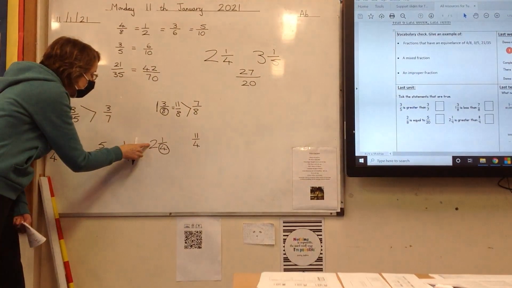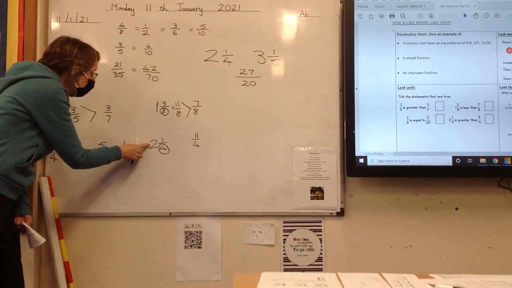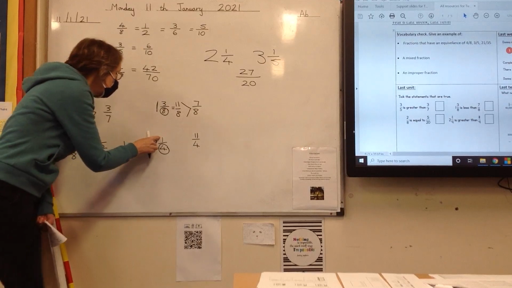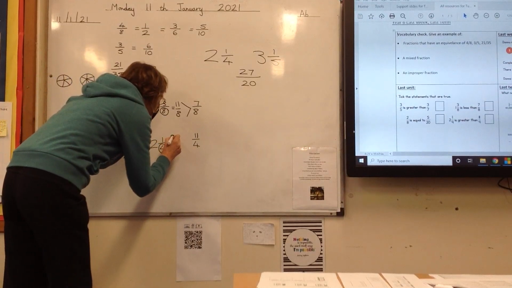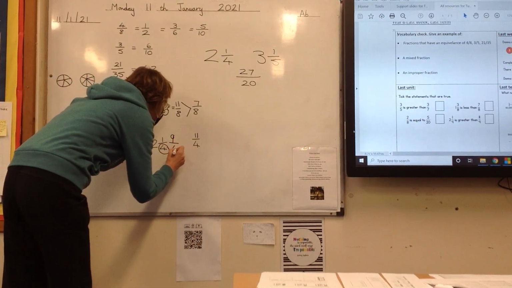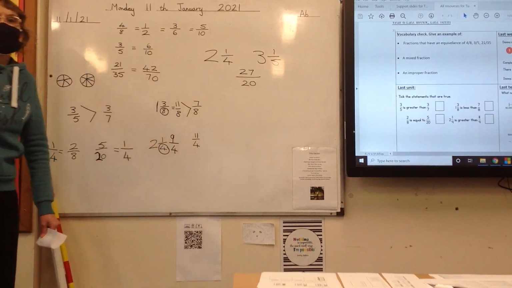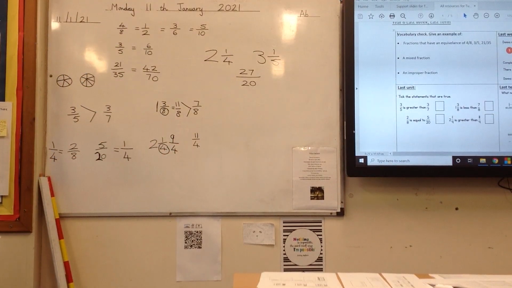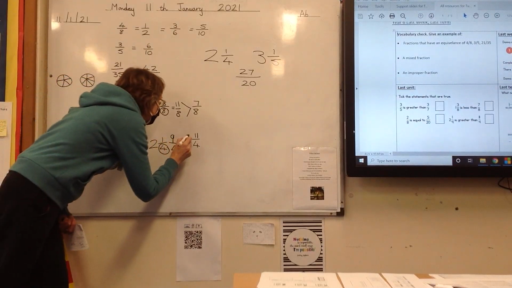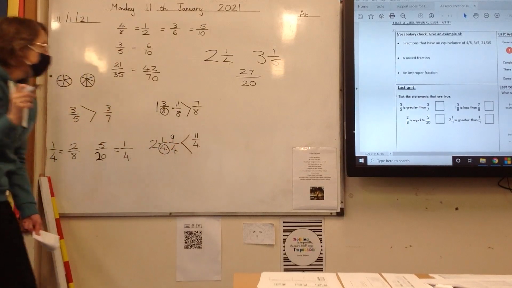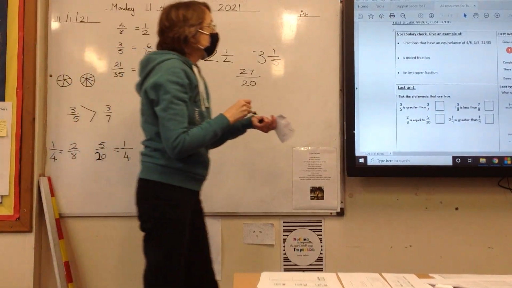We've got 2 whole ones, so that's 2 4s, which is 8, and 1 is 9. So we've got 9 quarters. Which one is the largest now? Fairly obvious. Which one is the largest? Is it 11? Yes, good. Okay, good, well done.